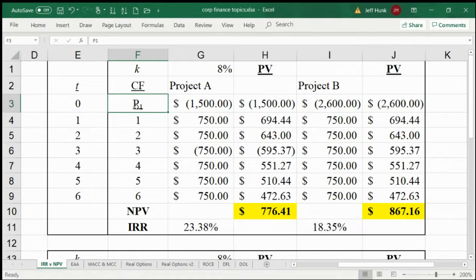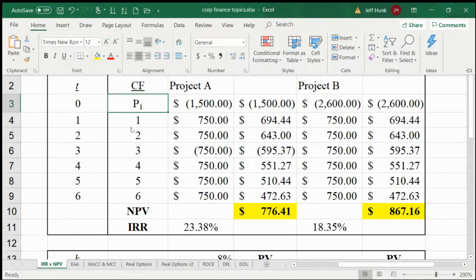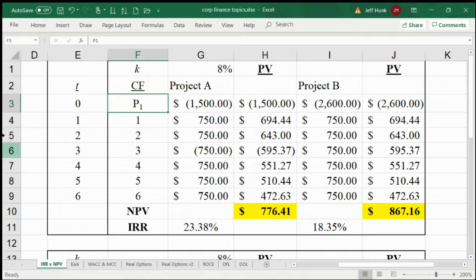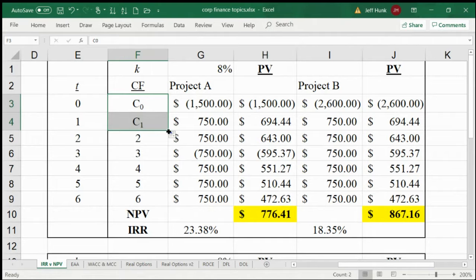Call this C0, that makes sense, right? And then C1.